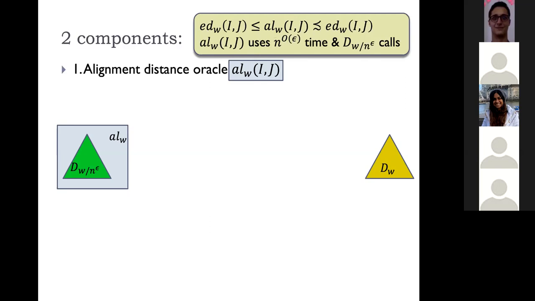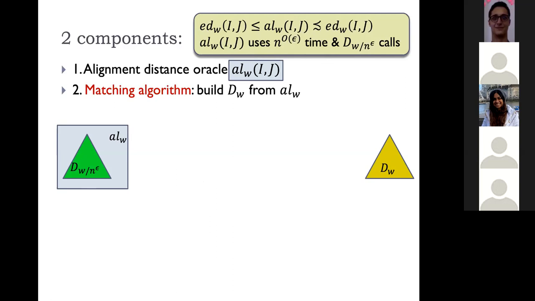Computing this, given i and j, takes n to the epsilon time, together with the same number of oracle calls to the distance oracle on shorter substrings. Think about this as dynamic programming. There are some details, but at the end of the day, it's a form of dynamic programming.